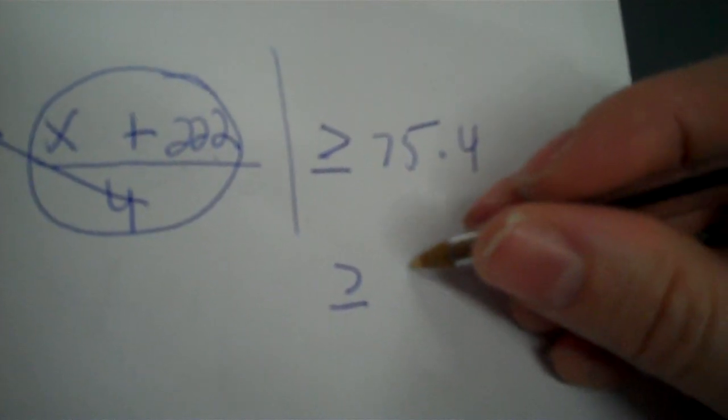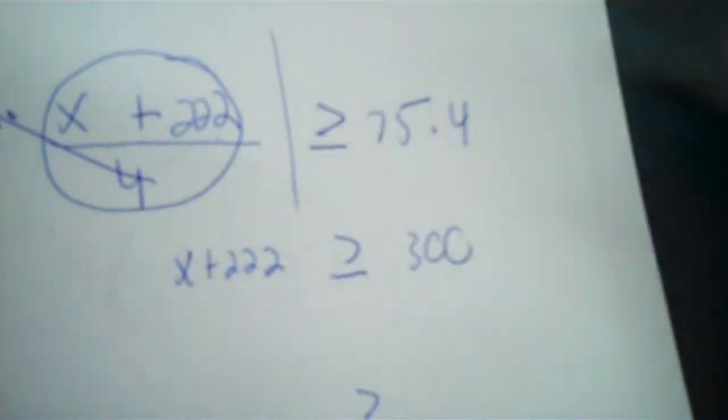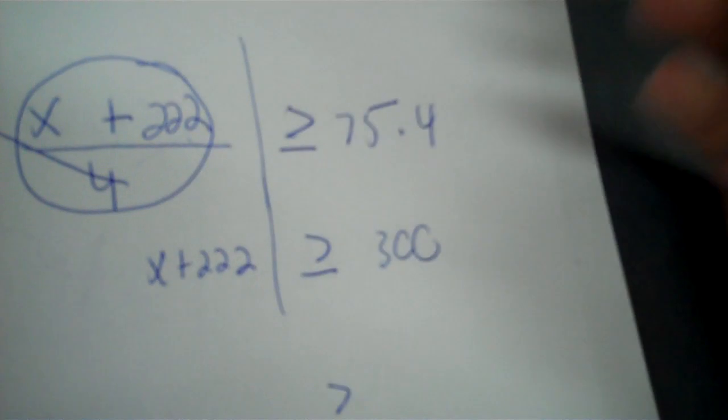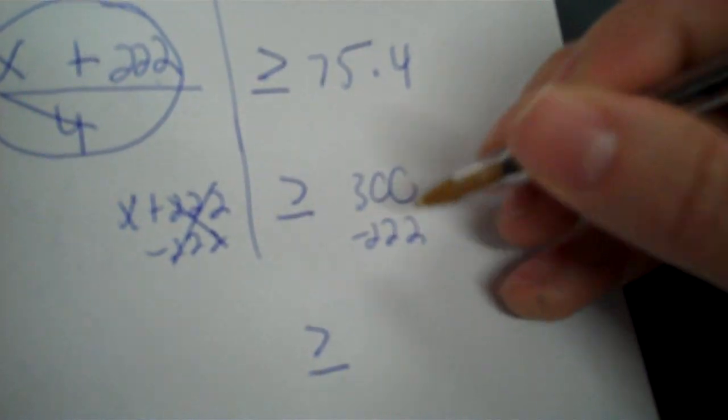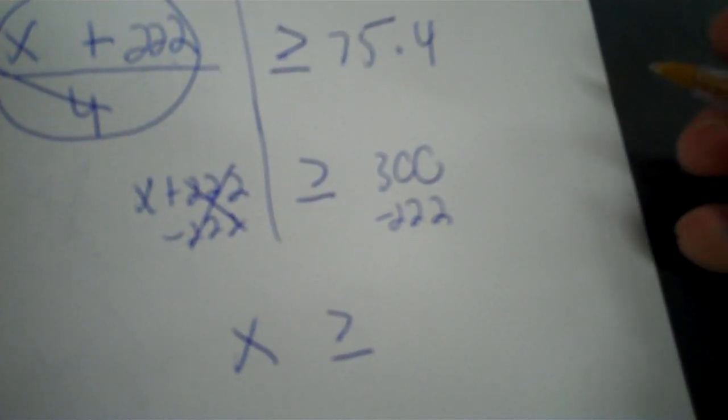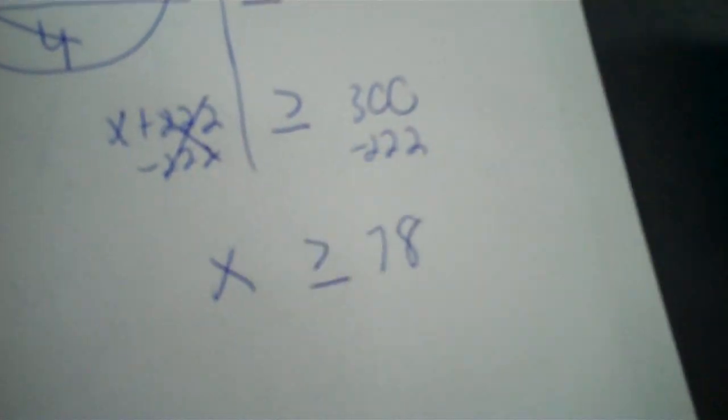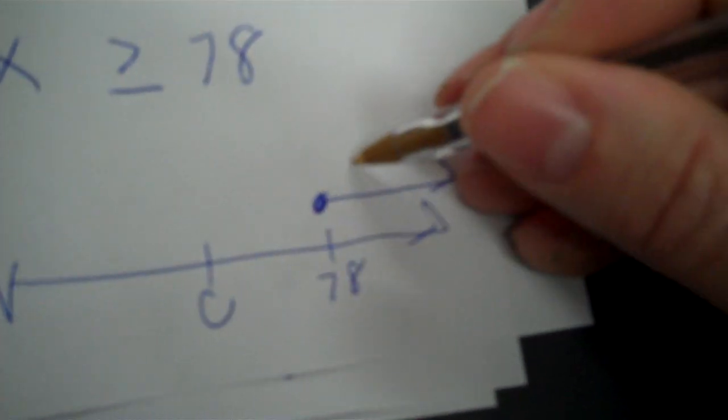Okay, 75 times 4 is 300, and I still have x plus 222. Okay, so now I need to minus 222. 300 minus 222 is 78. So you have to get a 78 or greater than 78 to meet your goal. That's it.